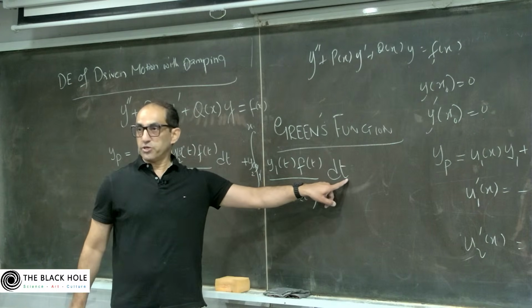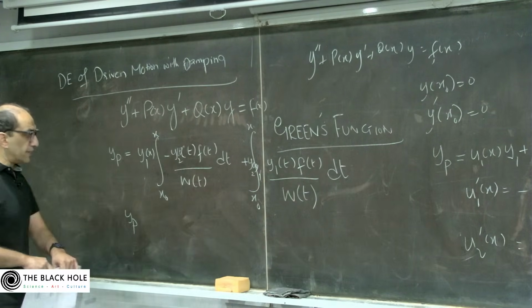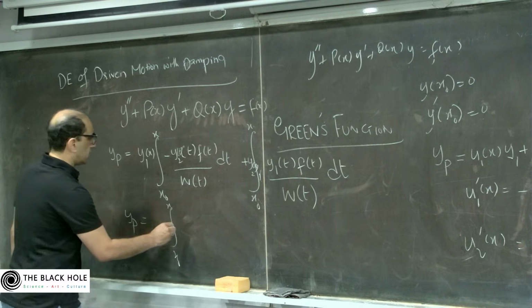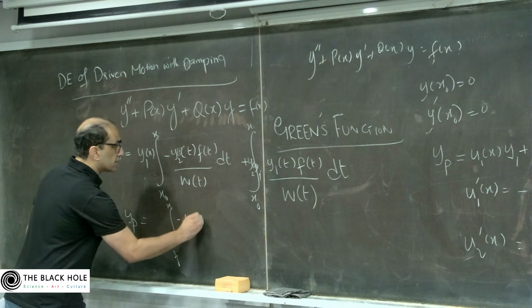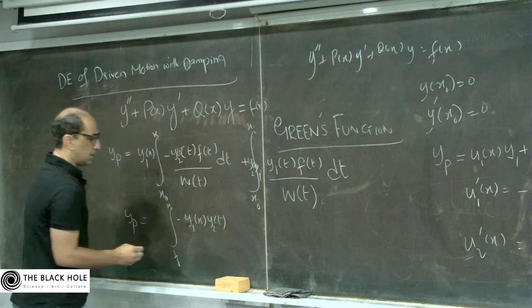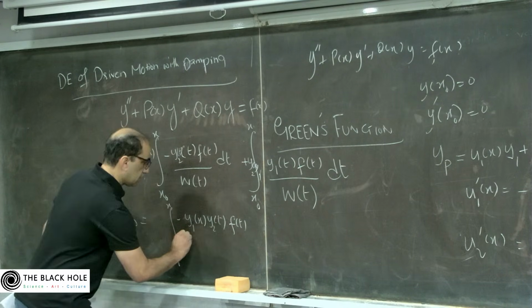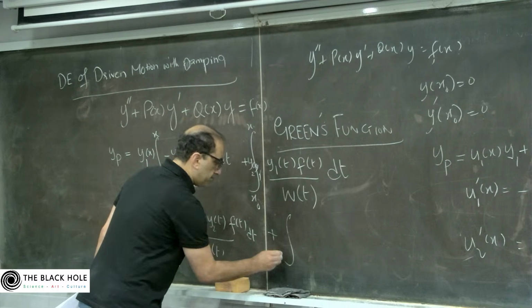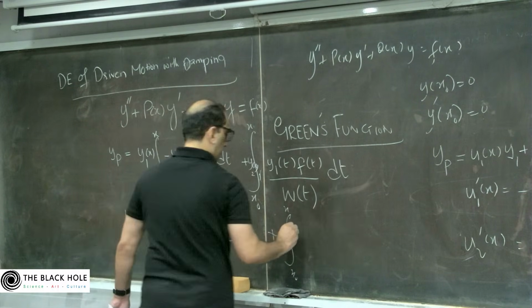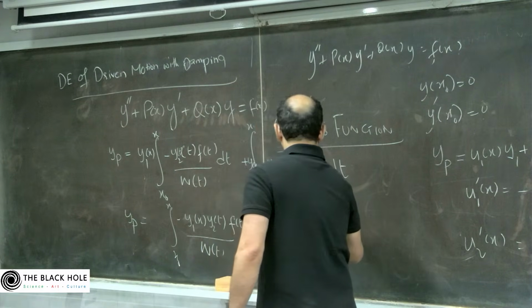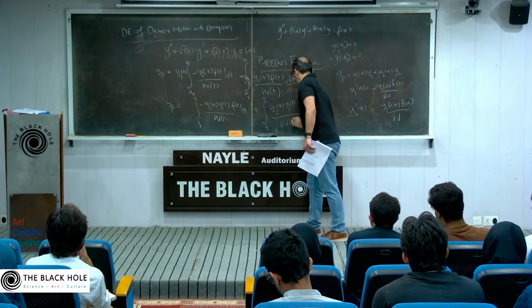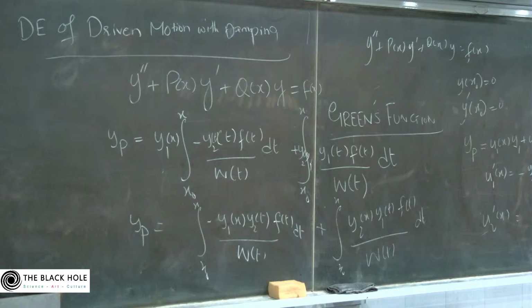Because I am integrating over t, I can bring it inside, so I will have the integral from x0 to x of -y1(x) y2(t) f(t) divided by W(t) dt plus the integral from x0 to x of y2(x) y1(t) f(t) divided by W(t) dt.